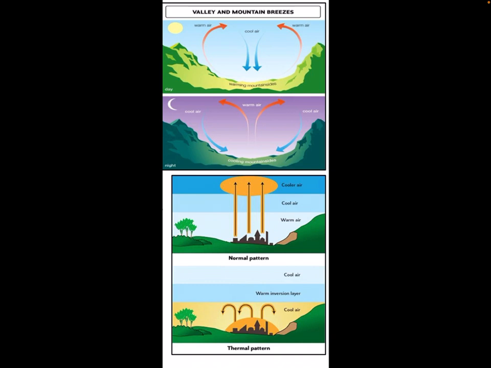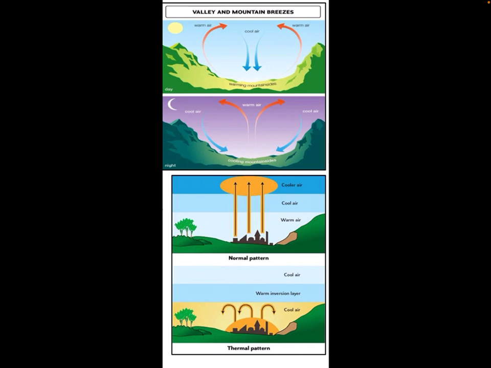So the first question that arises in our mind is what are the favorable conditions for the production of temperature inversion. The first is a cloudless sky, one condition for temperature inversion.